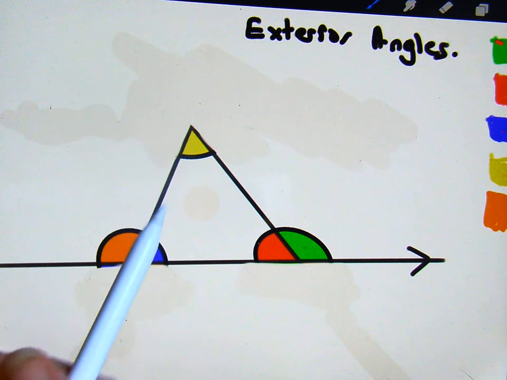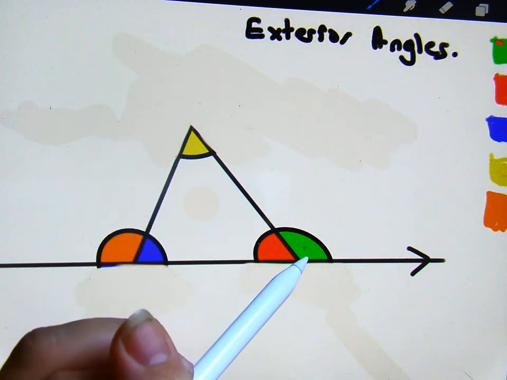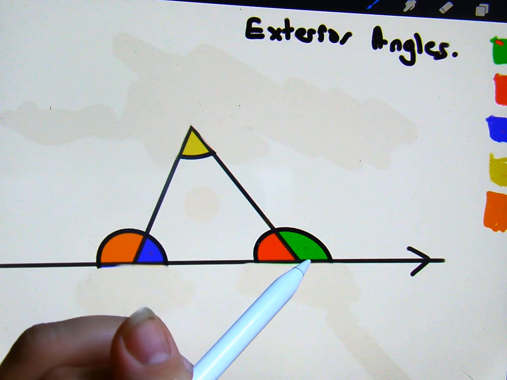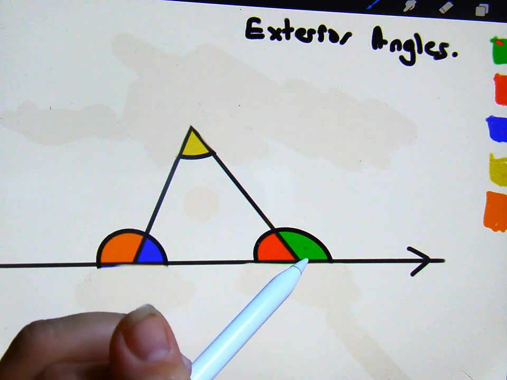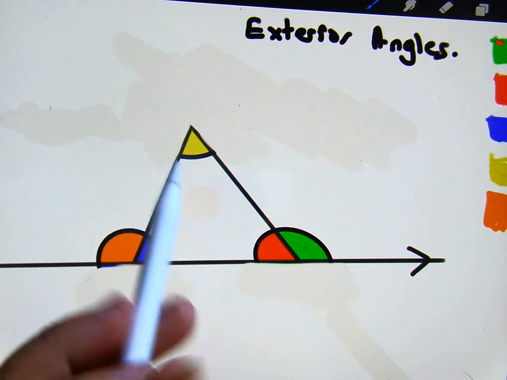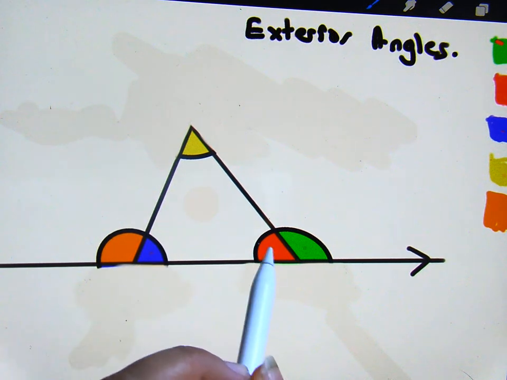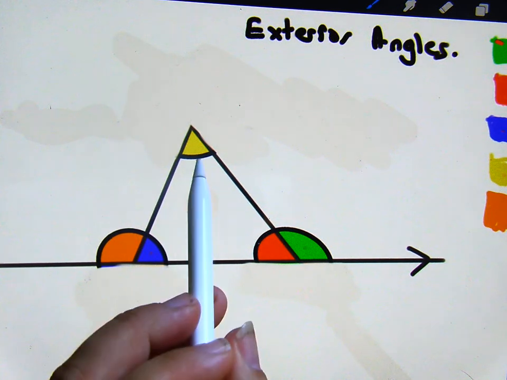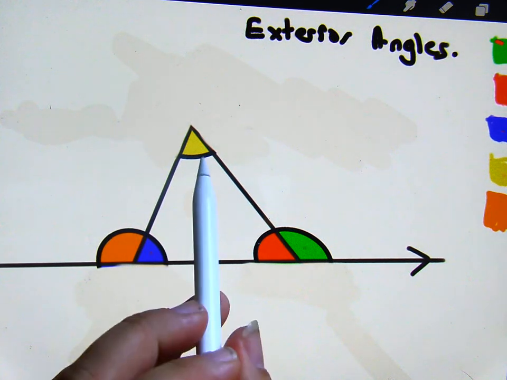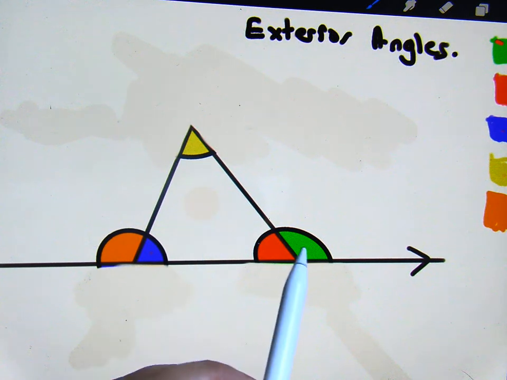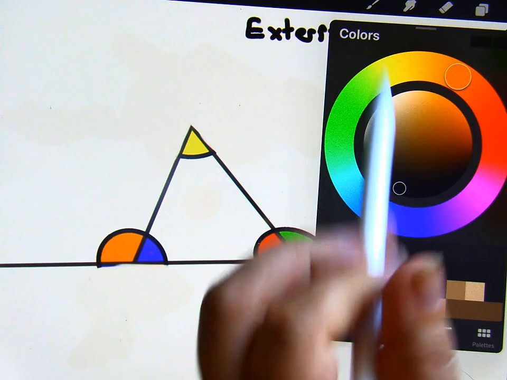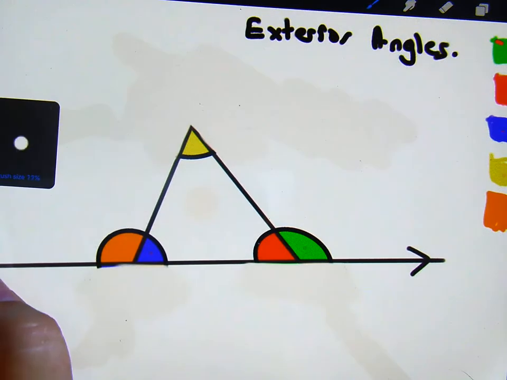What do you have to do to yellow and blue to create green? You're absolutely correct. You have to add them together. And so whatever measure this angle is, these two remote interior angles will add up to equal this exterior angle, because together they form 180 degrees.